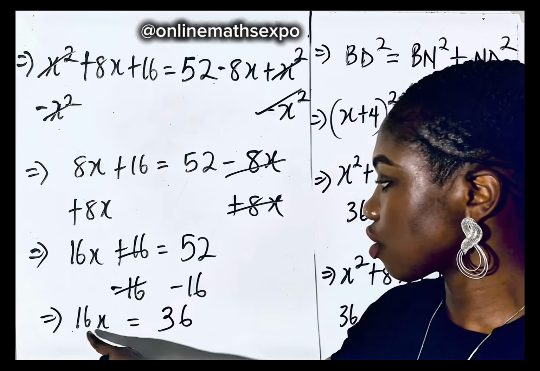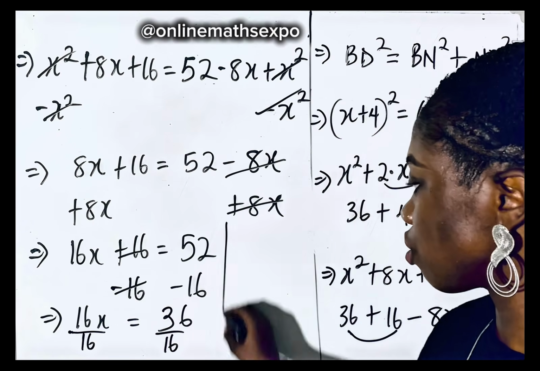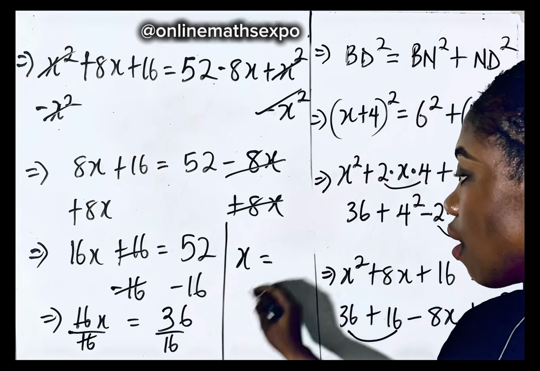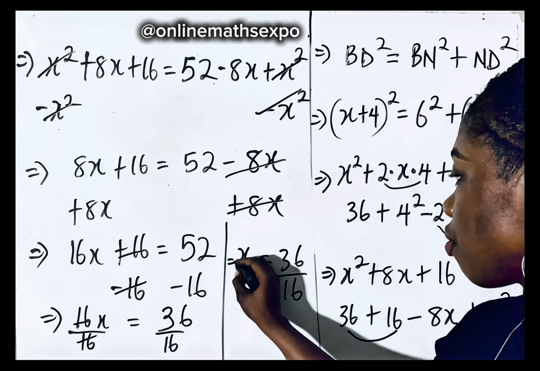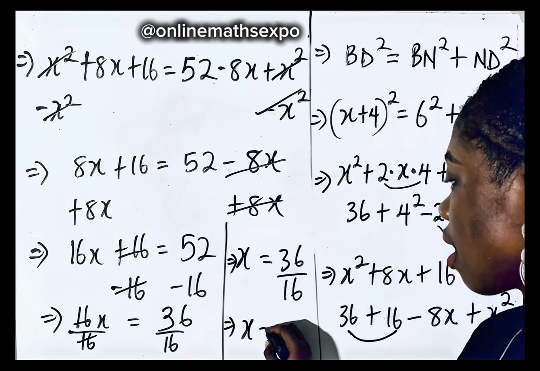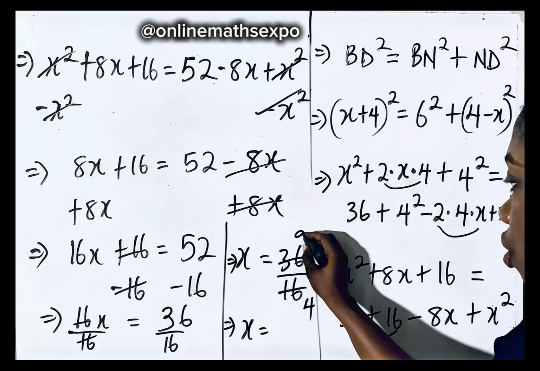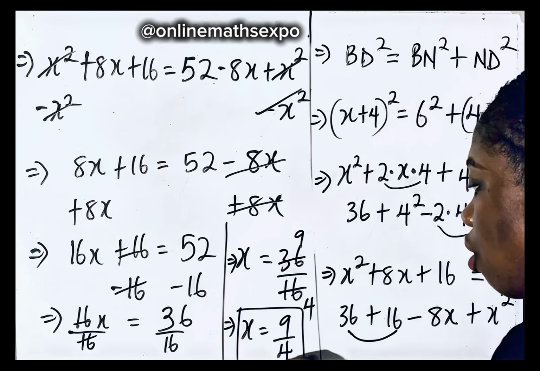So to get x, remove 16, divide both sides by 16. And when you do that, x is going to give us 36 divided by 16. When you simplify this, 4 here will give us 4, 4 here will give us 9. It gives us 9 quarters as the value of x.